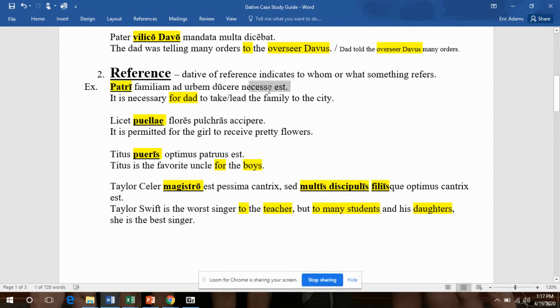Now, just a quick note, even though this is not the point of the study guide, necesse is actually a third declension word that if I were to look at it in the dictionary would be necessis, comma, and I wish I could make that a squiggle dash, necesse. It is a third declension adjective of double termination. Nominative for the masculine and feminine is necessis. So if I were to say something like food is necessary, it would be cibus necessis est.